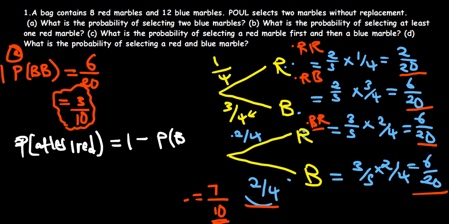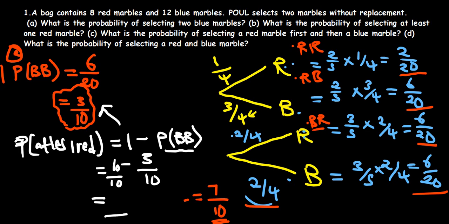Okay, so what is the probability of getting no red at all? It is just the probability where we get two blue marbles. So we're going to say this is equals to 1 minus the probability of blue and blue, which is 3 over 10. We found it here. So this 1 is the same as 10 over 10. So the common denominator there will be 10, and then 10 minus 3, we see it's 7. Okay, so we see that we found 7 over 10 there as well.